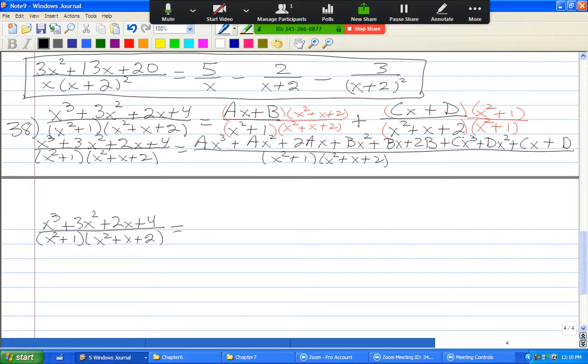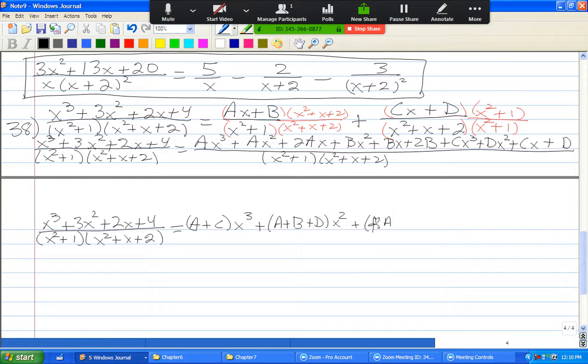a plus c x cubed, those are the only x cubed terms, plus a plus b plus d x squared. Let me just check again. A, C, A, B, D. Let's look at the linear terms.